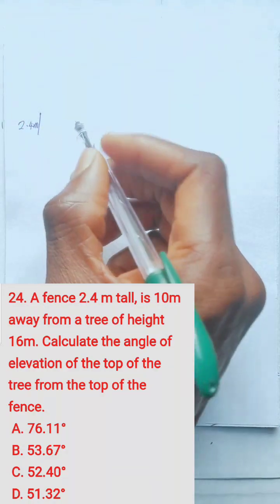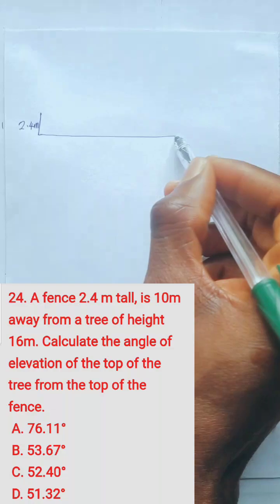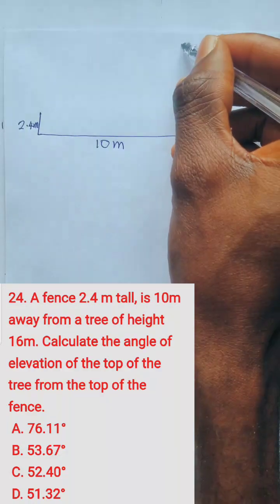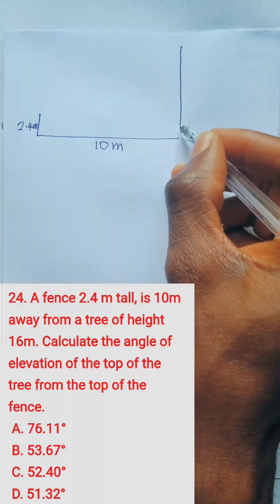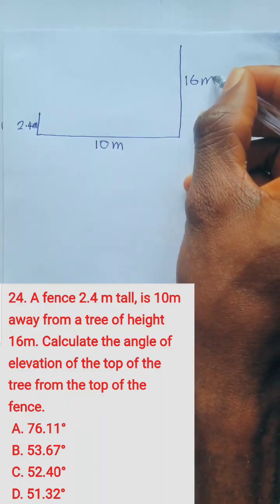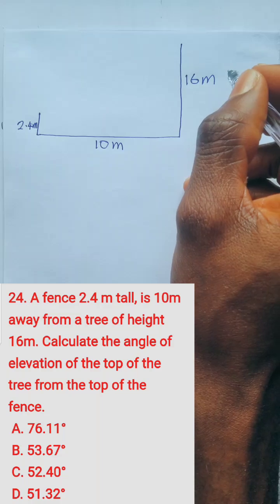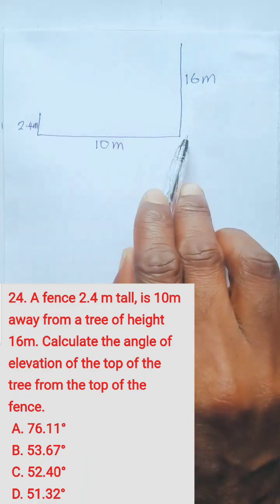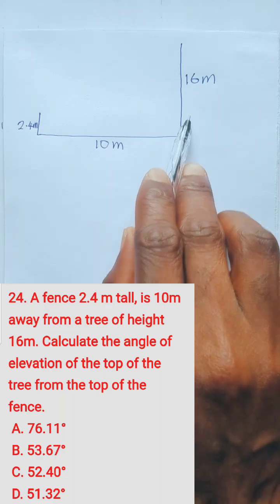So let's have our 10 meters. These are 10 meters apart. And the tree is this tall. They say it is what? 16 meters. Okay.